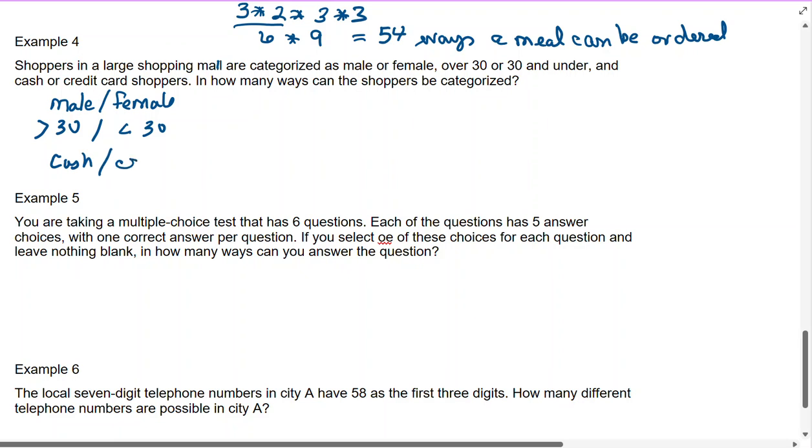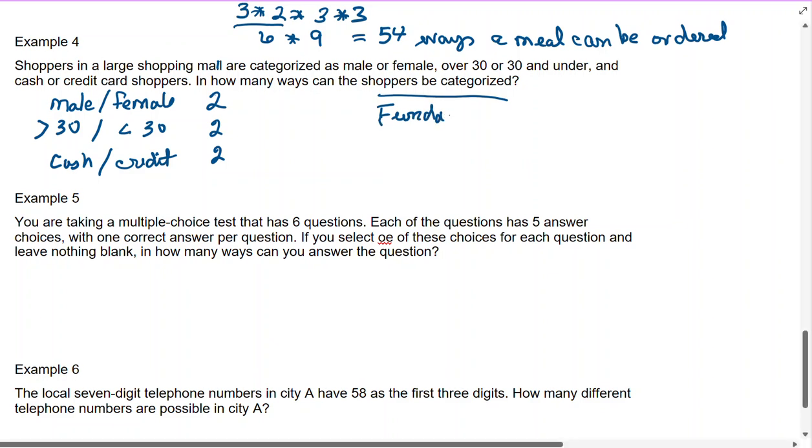So it is 2 times 2 times 2. Well, 2 times 2 is 4, times 2 is 8 ways a shopper can be categorized, put in a category. All right, nothing difficult.